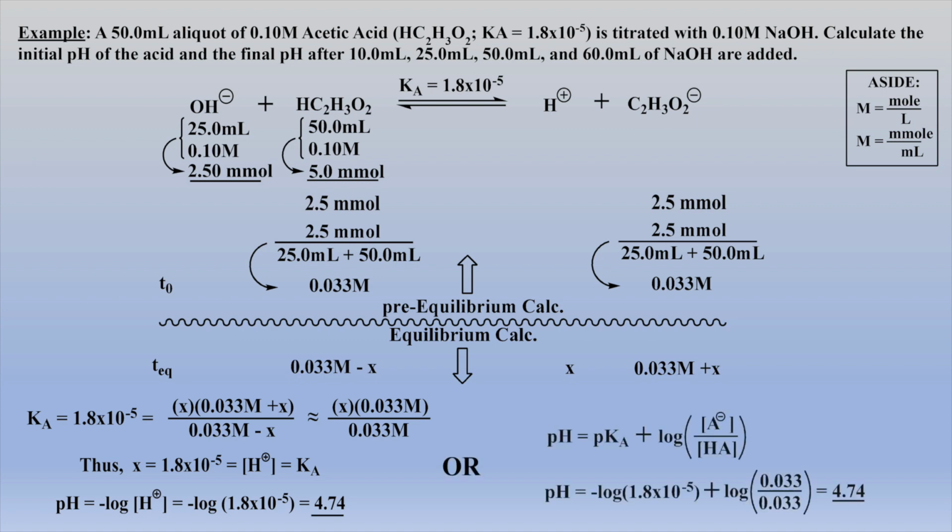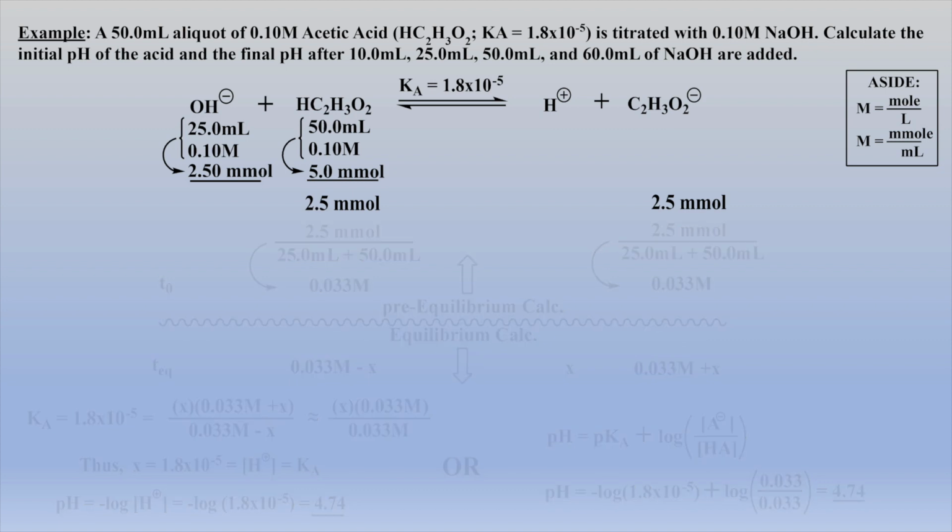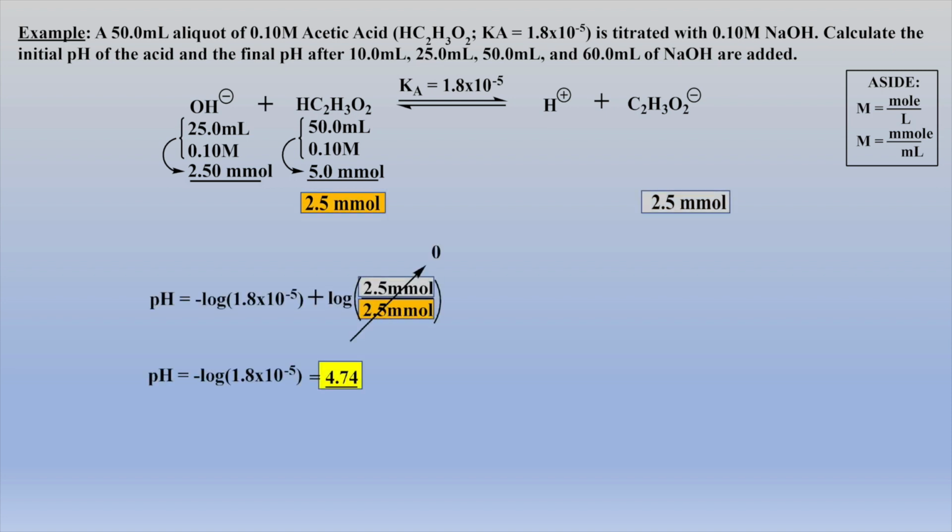Or simply plugging our pre-equilibrium concentrations into the Henderson-Hasselbalch equation much more easily affords the final pH of the solution. But we previously learned that we can take an even more simplified approach by plugging in millimoles of acid and millimoles of conjugate base to afford the pH.